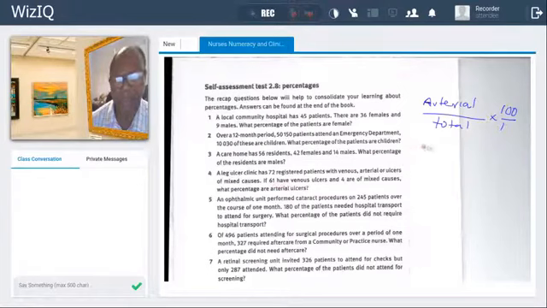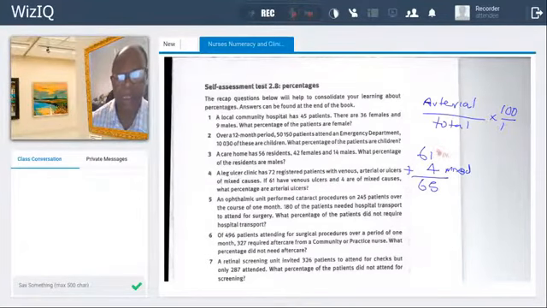So 61 plus 4 will give us 65. 4 are of mixed, 61 are venous. So what is missing is the arterial. So we know the arterial ulcers are going to be 72 take away 65.